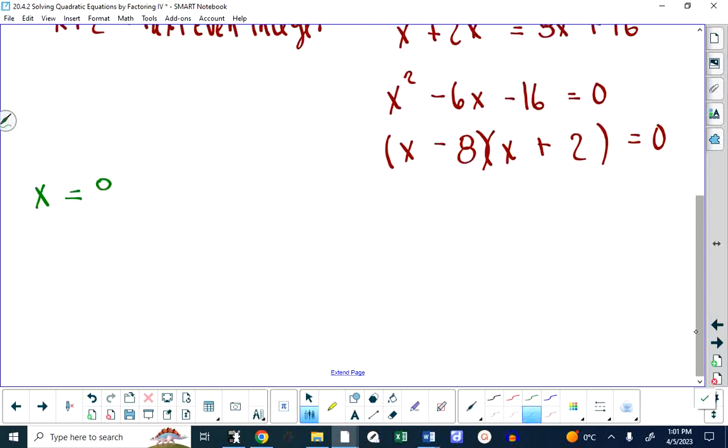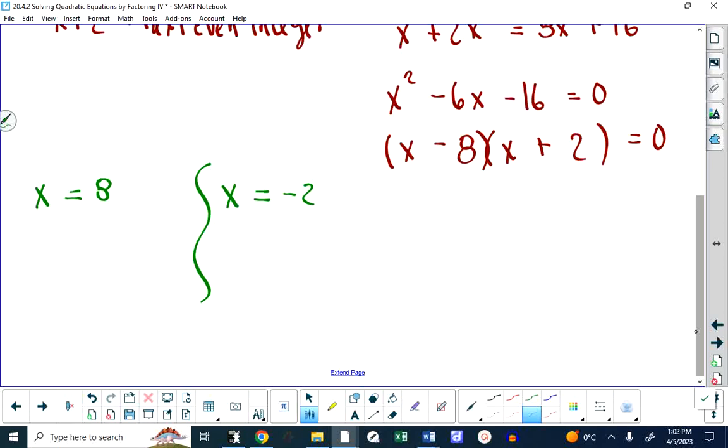X equals 8, and I hope you'll forgive me not writing x minus 8 equals 0. We're not going to do that here. And x equals negative 2. Would you agree those are the solutions? Okay, listen to my words. There's two solutions to this equation, so there's two solutions to this problem.